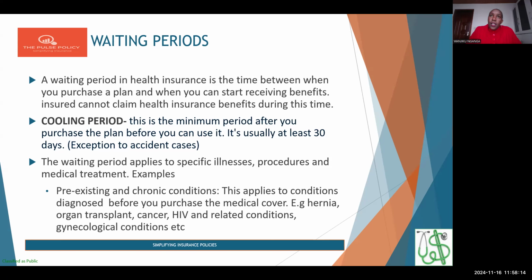For example, maybe you have a disease like cancer, kidney failure, high blood pressure, or diabetes. You have those diseases before you go on cover or before you purchase the policy. Some of those conditions are pre-existing but not chronic, and some of them are pre-existing and chronic. So basically, there's a waiting period for those benefits.